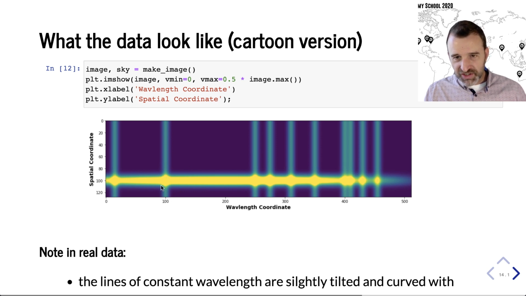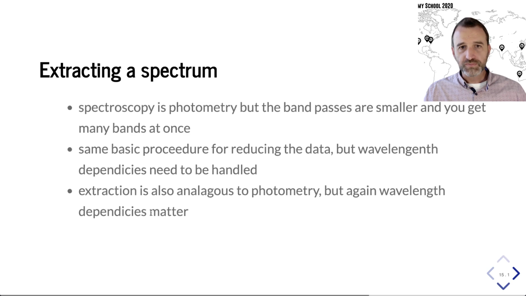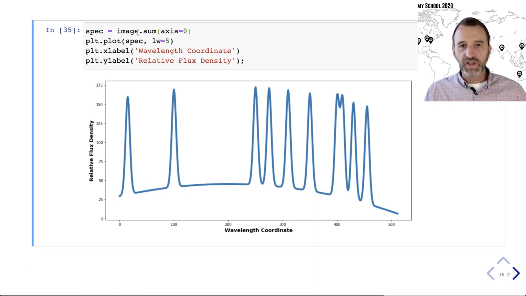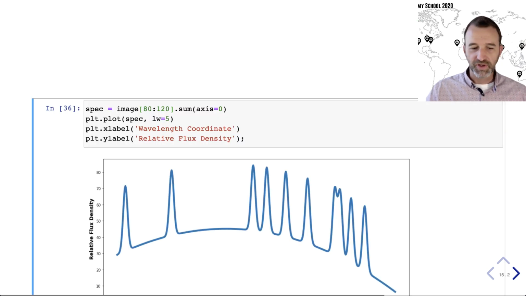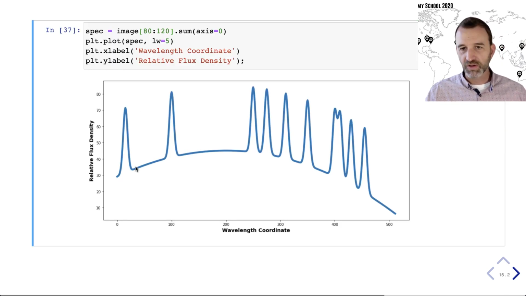So if we just extract this region, maybe from pixel 80 to 120, we get light that is more dominated by our source. We'll do the same process, and there we go. We still have light from the background, but now we're a little more weighted towards the target light that we care about.